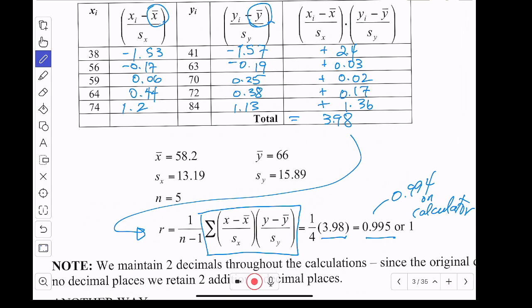You did fine. The rule I usually say to use is you keep 2 more decimal places than the actual number. So because these had no decimal places, I kept 2 all the way down. You see? I kept 2. That's what I did. I have a rule in the notes. I wrote it down at the beginning. Keep 2 more decimal places than the original numbers.